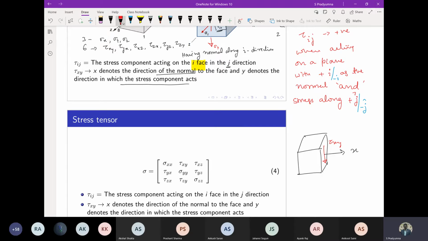It is positive x. That means it's on the positive x phase, but the stress is acting along the negative y direction. So there is a combination of positive x normal and negative y direction. So that means it's a negative tau xy.